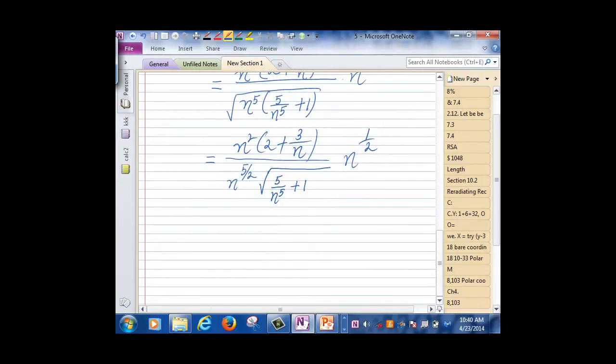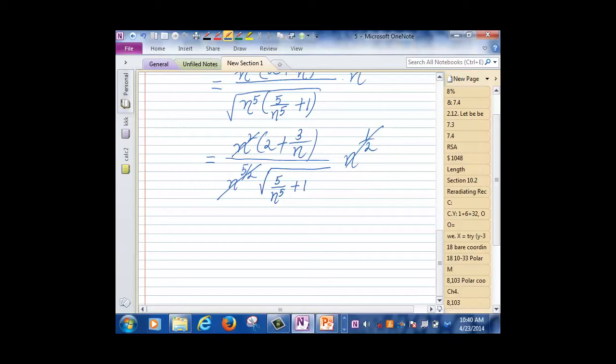Okay, so now what happens? You realize that n squared, n to the half, and n to the 5 half all cancel out, because n squared times n to the half is the same as n to the 5 half. So in the numerator I have n to the 5 half, and in the denominator I have n to the 5 half, so you can cancel them out.